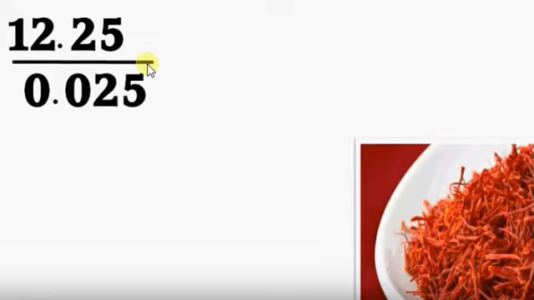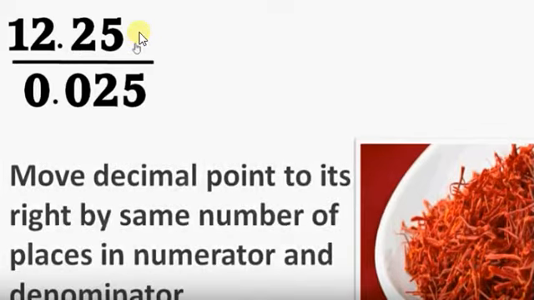Let us see. Here you will have to move this point 3 steps towards the right. That is by multiplying it by 1000. Same applies to the numerator, or the number which is to be divided. You move it 3 steps towards the right. In fact, this is 12.25. There is a 0 here, which is actually an insignificant figure.